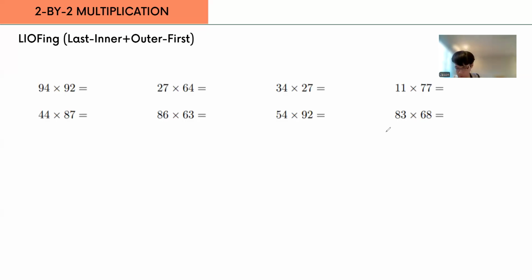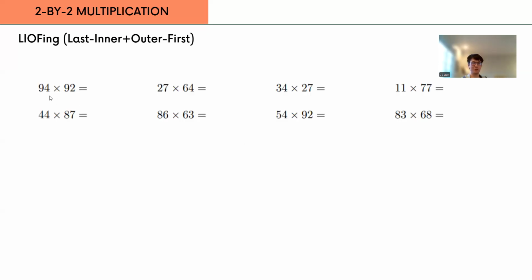Ethan, double check 3, 4, and the last one. No, 3, 4, 5, and the last one. Okay. Anyways, so I'll get started now.